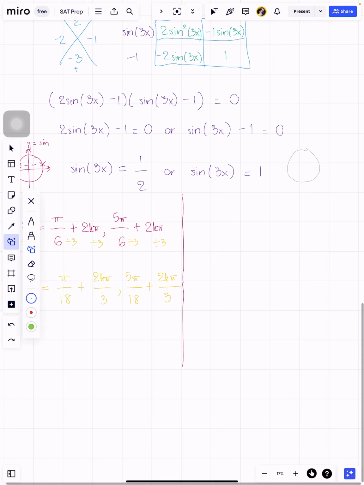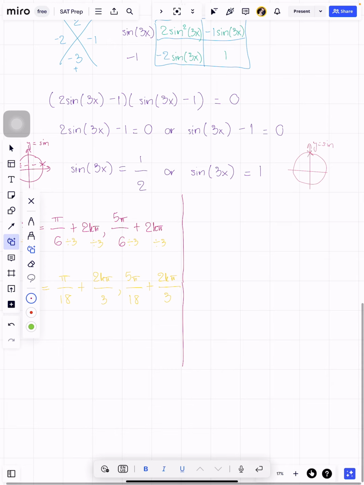So let me draw a quick picture of the unit circle again. This is our unit circle, and the y represents the sine value as always. So sine or y value equals 1.